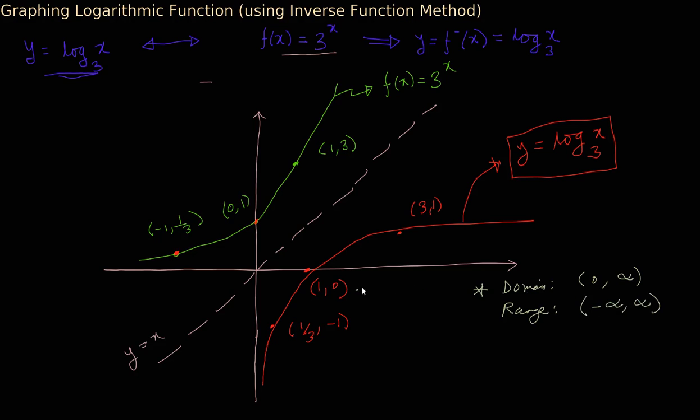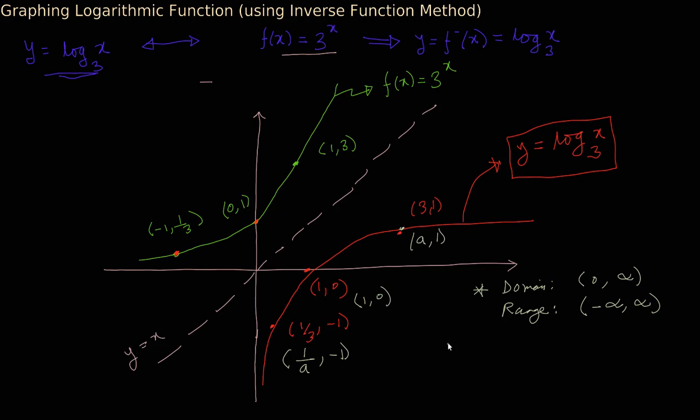Also, if I write this down, it is going to be 1 over a, -1. This point is the same, 1, 0, and this point is actually a, 1.